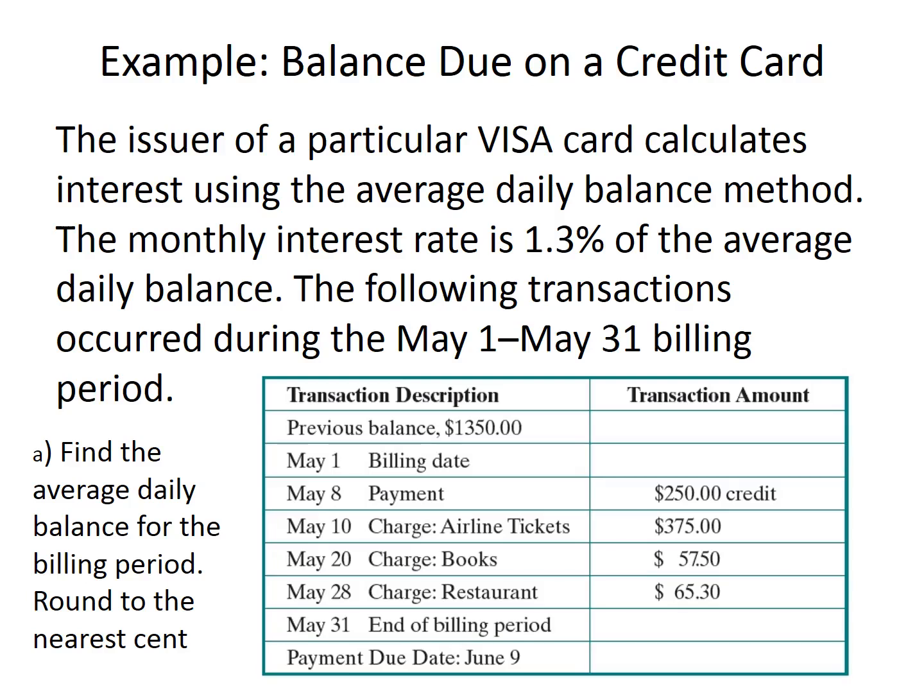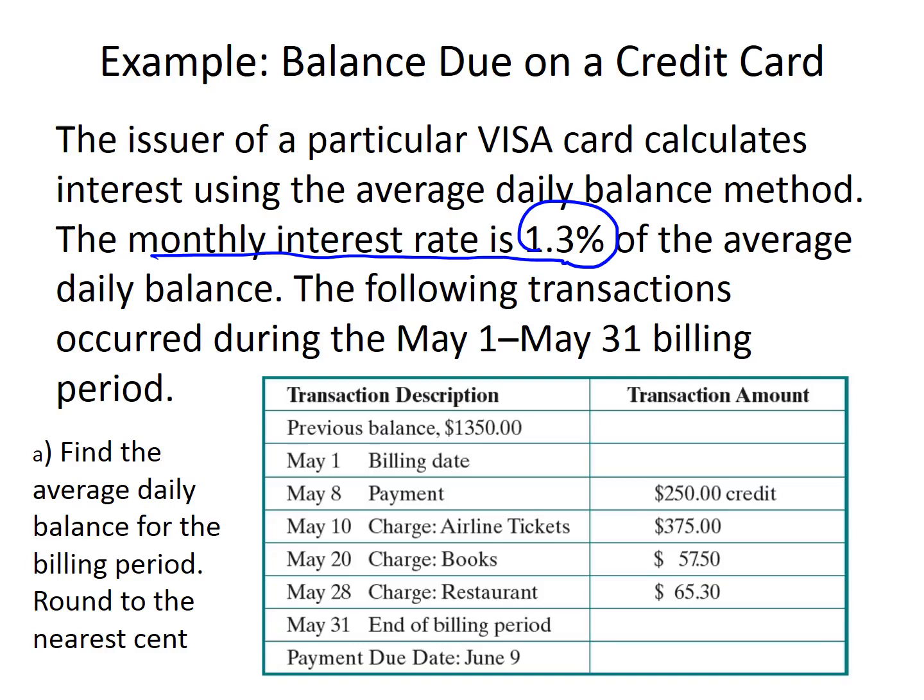Example, balance due on a credit card. The issuer of a particular Visa card calculates interest using the average daily balance. You have to be careful, the monthly interest rate is 1.3% of the average daily balance. So we have to figure out what the average daily balance is. The following transactions occurred during the May 1 through May 8th billing period. Part A, find the average daily balance for the billing period, rounded to the nearest cent.